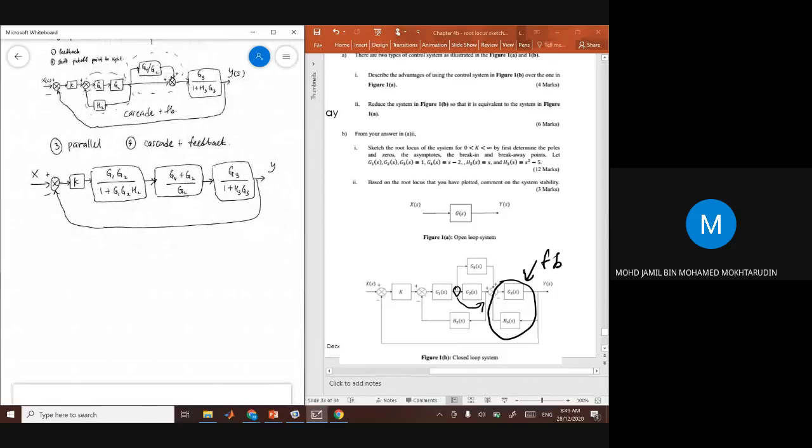Okay, and then from here, you will see that the top here is cascade, and then feedback with unity feedback. So step number 5, cascade, and 6, unity feedback.